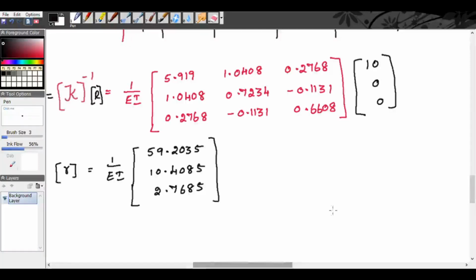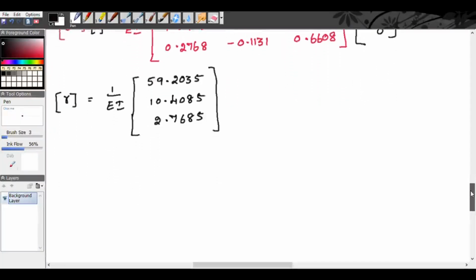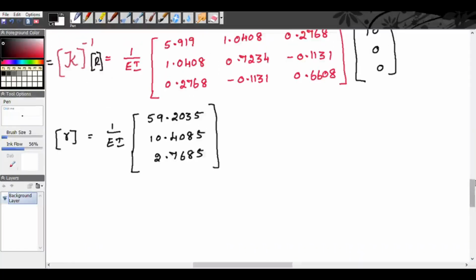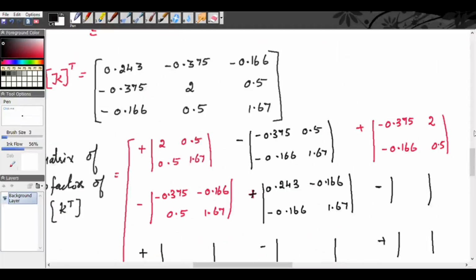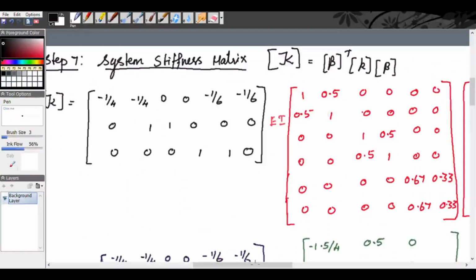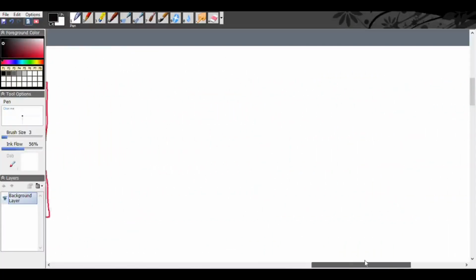We have determined the system displacements. Now we will determine the element displacements. That is our step 9. So step 9 is element displacement.